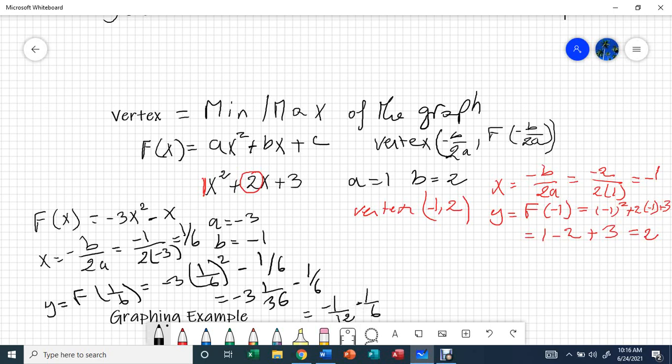And the common denominator is 12. So it's going to be negative 1 minus 2 divided by 12. So negative 3 over 12, which is negative 1/4. So the vertex for this parabola is 1/6, negative 1/4.